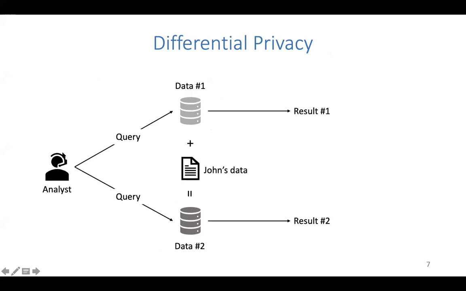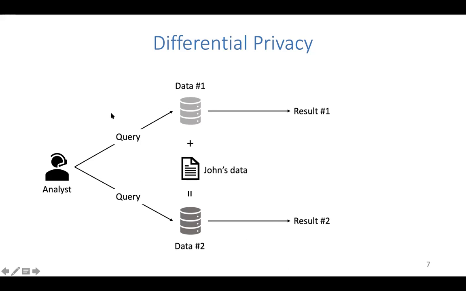The analyst makes identical queries to both data sets, and then obviously there would be returned responses from data set number 1 and from data set number 2. Result number 1 comes from data set number 1. Result number 2 comes from data set number 2.